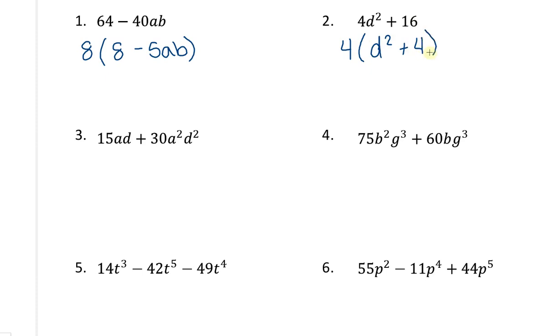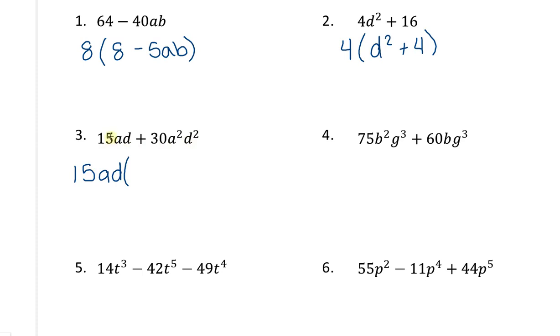Okay, let's go on and look at the next one. We have 15 and 30. The greatest common factor is 15. And then a and a squared, we're going to take the smallest exponent, so just a. We have d and d squared, smallest exponent, just d.